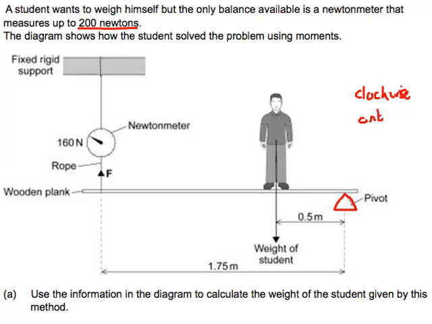So what we do is we find the clockwise moment. So here's the weight of the person. If this part is removed, then he will move this way. So this would be an anti-clockwise moment.